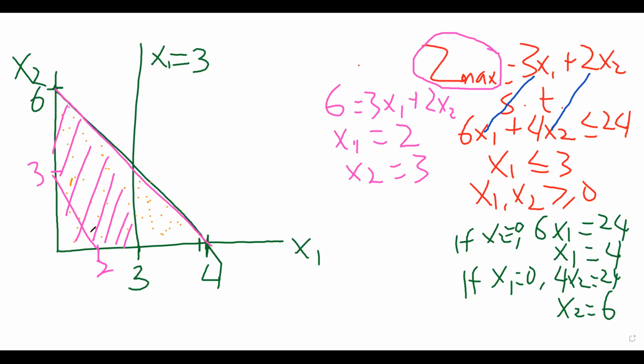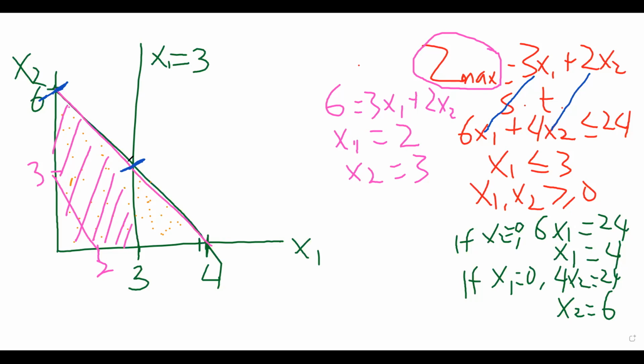And so normally we shift the isoprofit line. If I shift the isoprofit line, eventually it's going to sit on this line. And so the space here, up to this corner point here, every point there, this isoprofit line will be kind of tangent to it. And every point there is a solution.